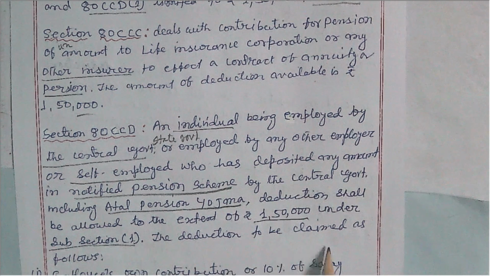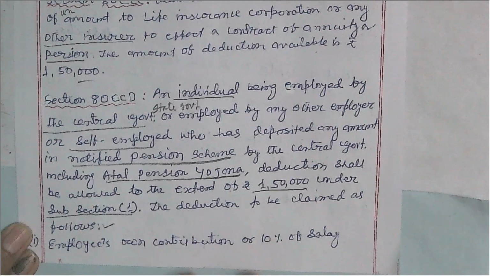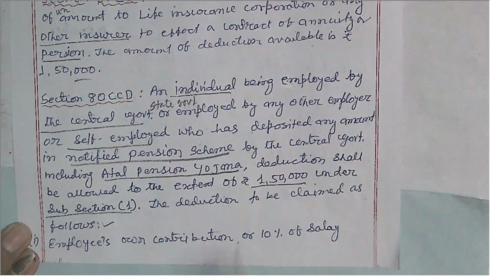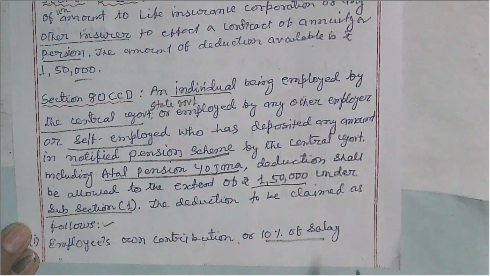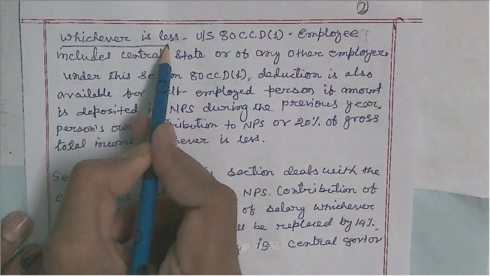The deduction is to be claimed as follows. Here are the rules for claiming deduction. The amount of deduction is the employee's own contribution or 10% of salary, whichever is less.